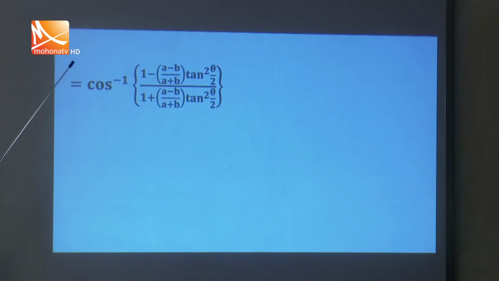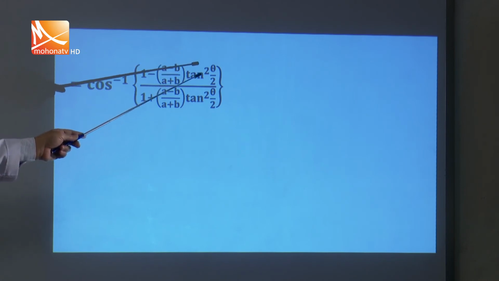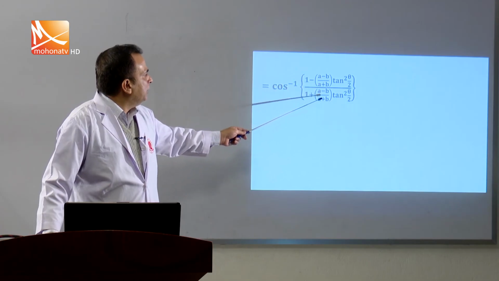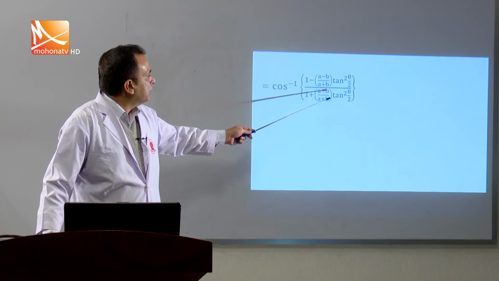Okay. Then next line, cos inverse of 1 minus, the square and root will be cancelled. So it will be a minus b by a plus b, and the power will be distributed, so tan theta by 2 whole square means tan square theta by 2. Similarly, in the denominator part, it will be 1 plus a minus b by a plus b tan square theta by 2.